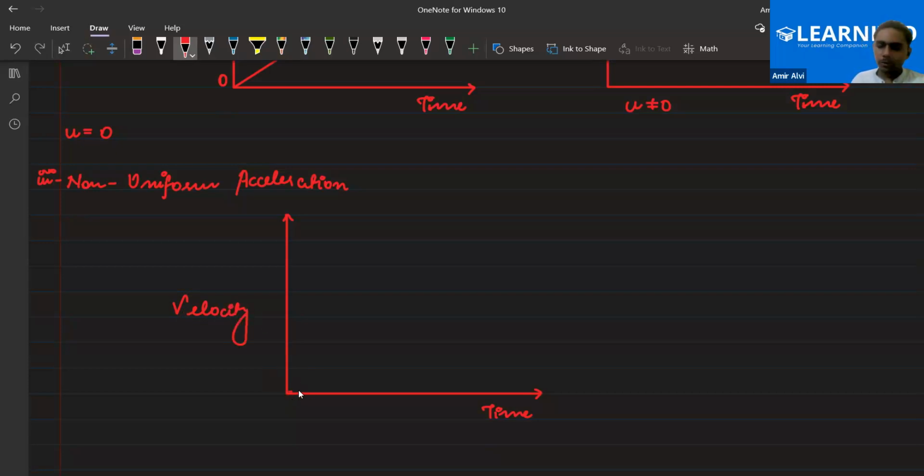It will be a curved line. Clear, everyone? So this is a non-uniform acceleration graph. Please let me know if it's clear to you or not.